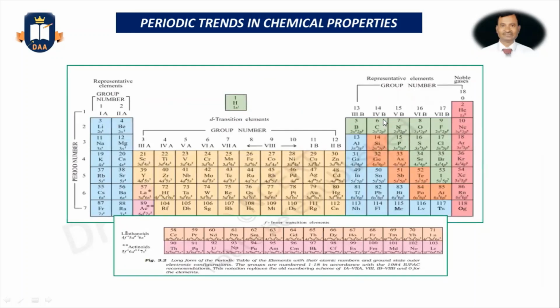First, we'll see the periodic table. In this periodic table, as you know, on the left side, group 1 and group 2 are the representative elements, and on the extreme right side, from group number 13 to group number 18, all are the representative elements.